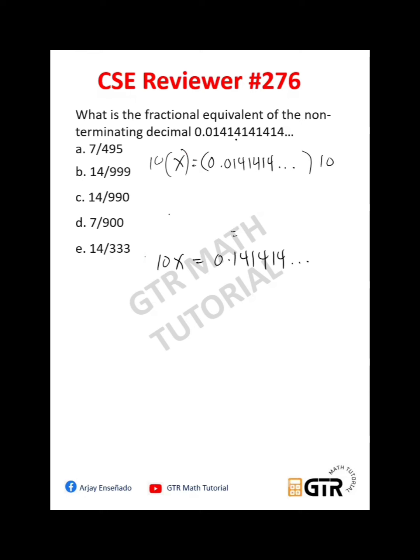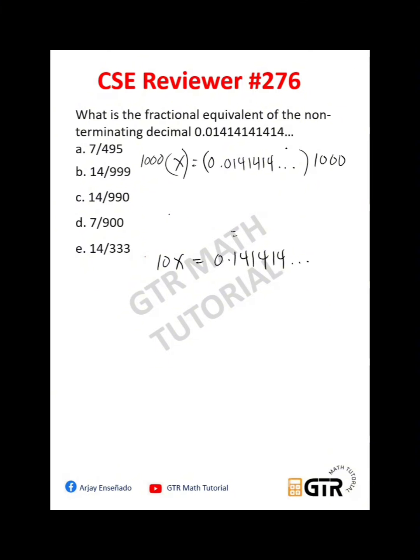So next, we can multiply this. So again, this equation x equals 0.141414. Multiply now by 1,000 so that we can move the decimal point 3 places to the right. Okay? So now multiply both sides of the equation by 1,000.